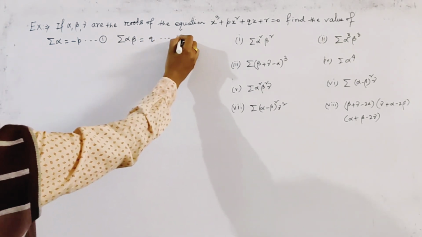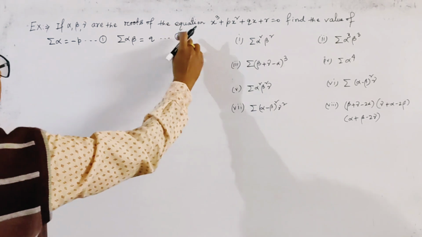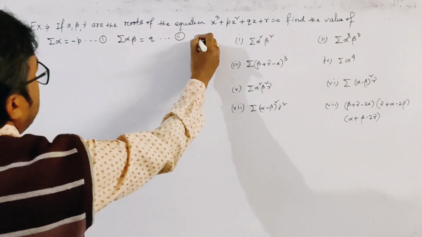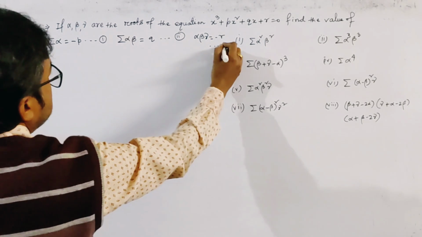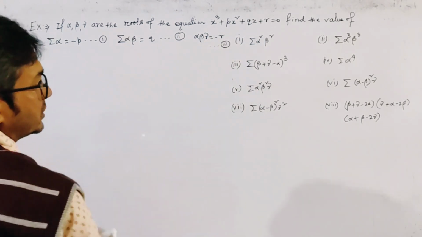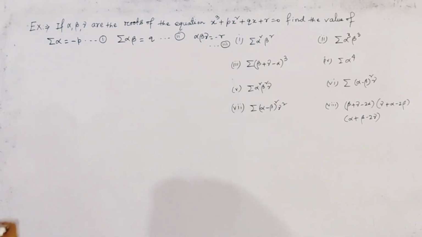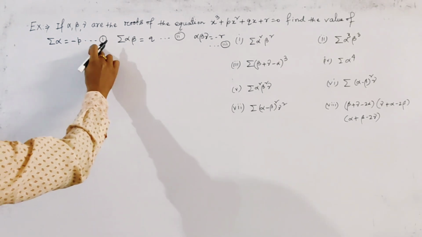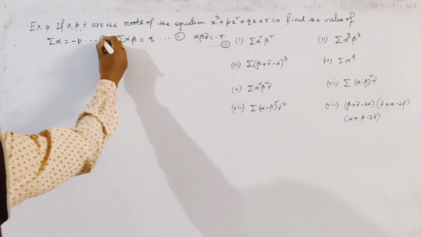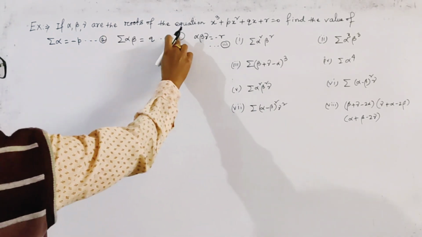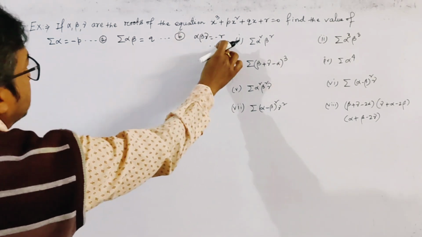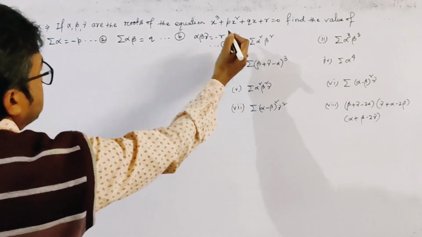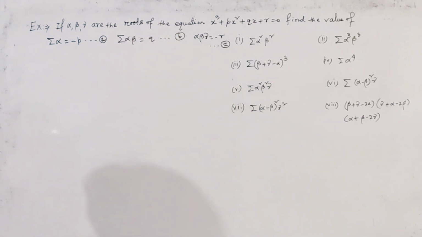This is relation number 2, and the last relation, alpha beta gamma, is minus r. This is relation number 3. We rename relations 1, 2, 3 as a, b, c, because in our problem there will be parts numbered 1, 2, 3.